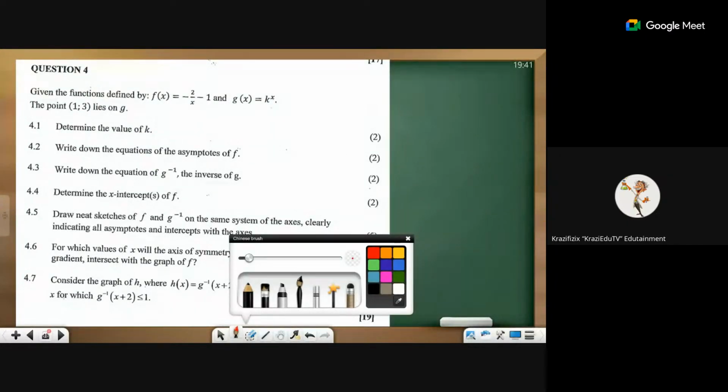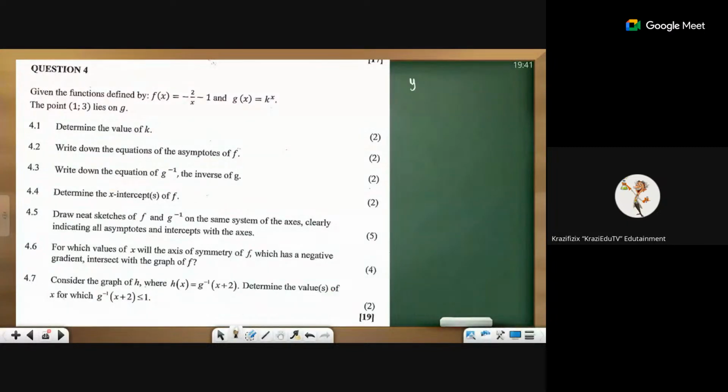We are told point (1, 3) lies on g. Look, it's already given. My y value is 3, my x value is 1. What is k? 3. Number 1 is done.